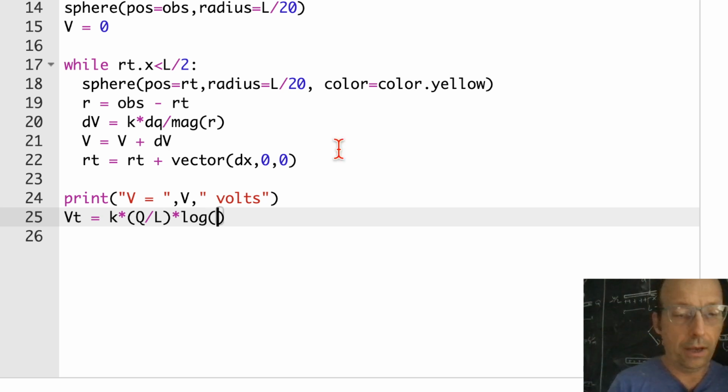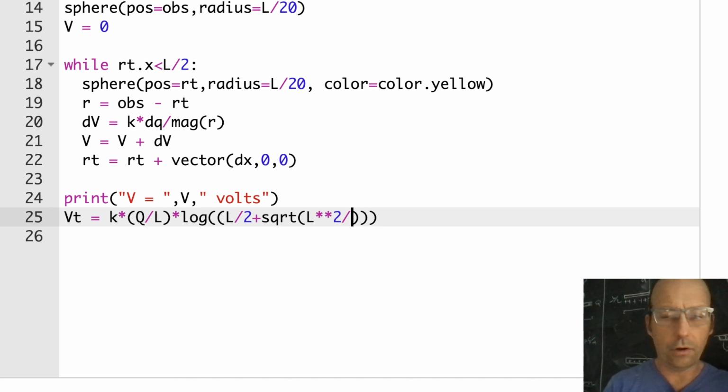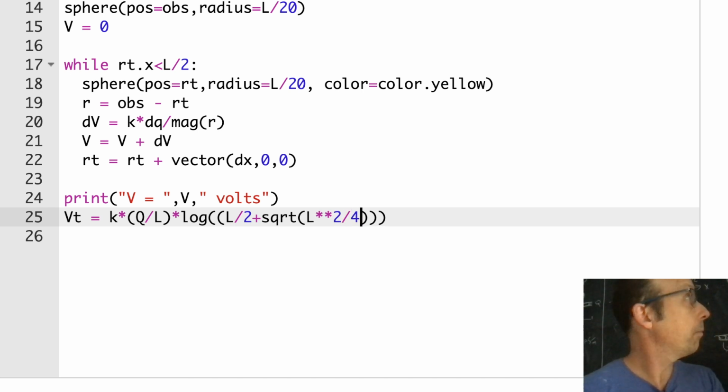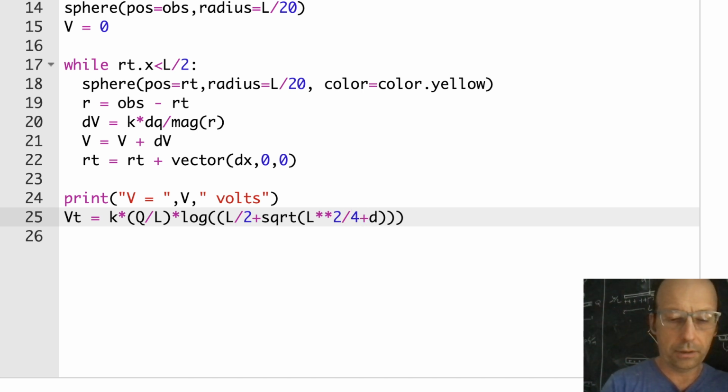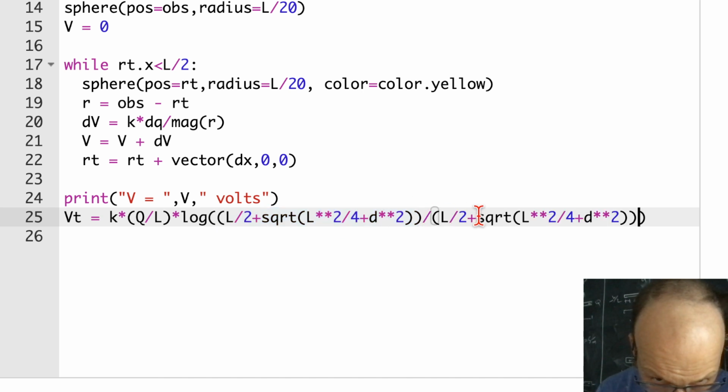And then I have the natural log of L over 2 plus the square root of L squared over 4 plus D squared. And then all of that I'm going to divide by this. Copy, divide by, and then it's going to change that to minus. And that's it. And let's see if that works.